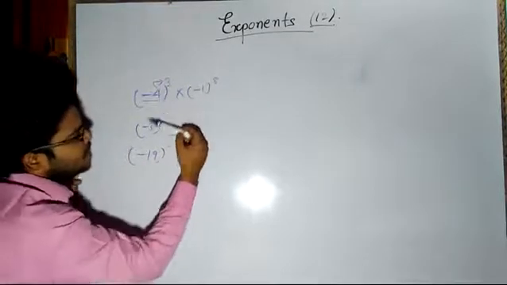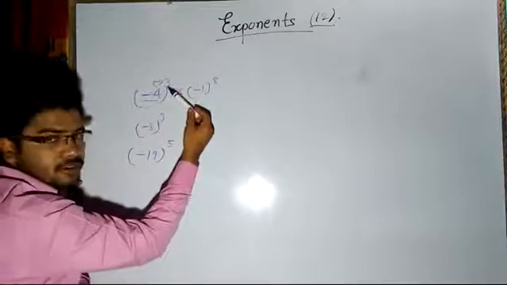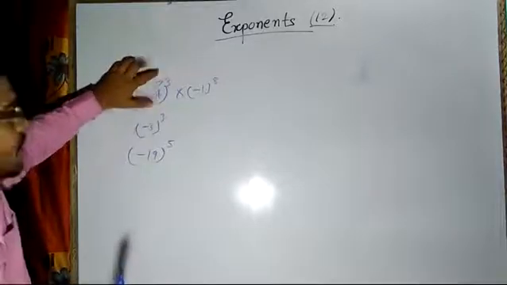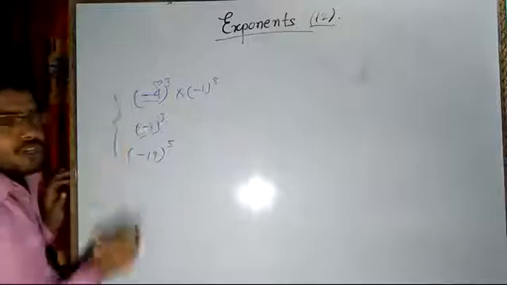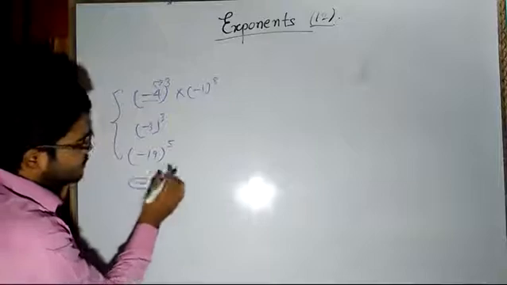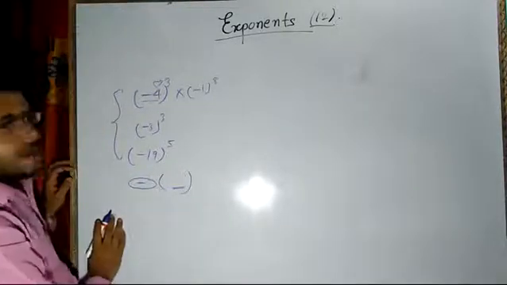If you have a negative number as the base, and the power is odd, 3 is an odd number, 5 is an odd number, in this case your result will always be negative, whatever may be the numerical value.